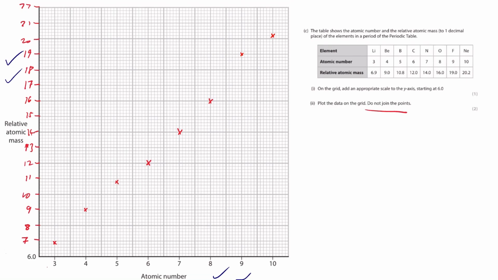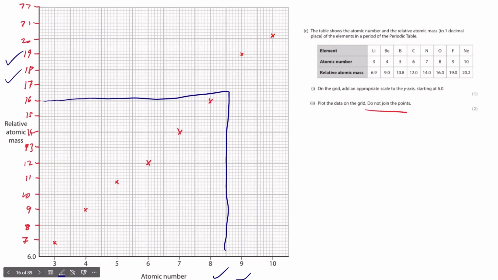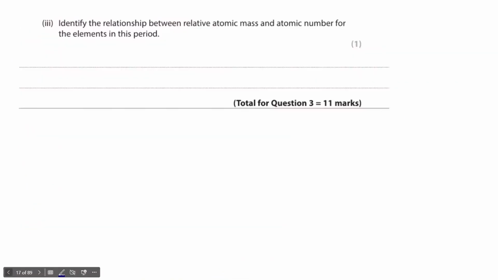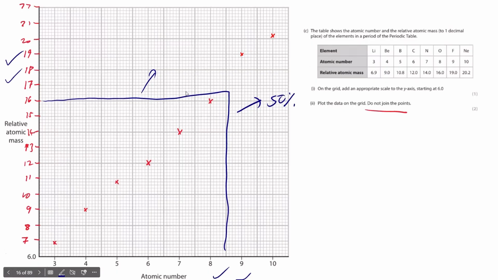Whenever you create the scale for an axis, it should cover more than 50% of the graph paper. In our graph, yes, it has gone beyond 50% of the graph paper. Those are the points you have to be careful about when drawing the graph. So this is fine, and we got full marks for this one.